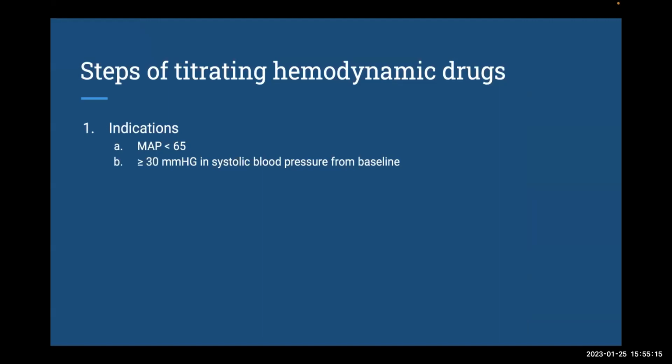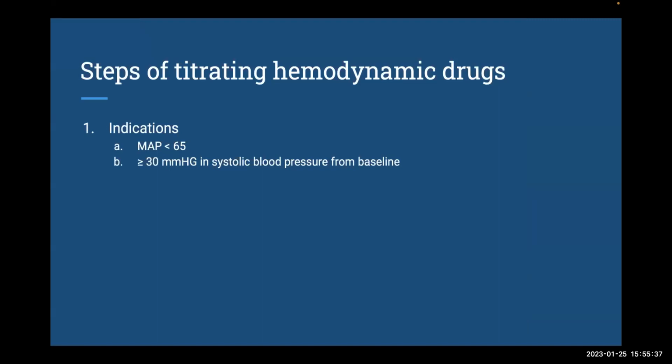Our big indication, again, is if a MAP is under 65. If you have a MAP of less than 65, there's concern that there is some end organ damage that could be going on from the blood not getting to the major organs like your skin, your brain, your kidneys, your liver, your heart. So make sure your MAP is higher.